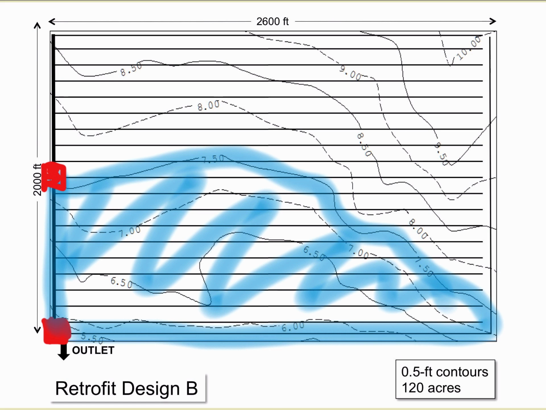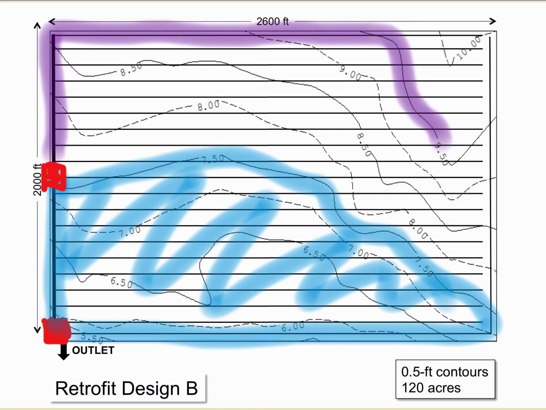And then that zone would go from 7.5 to 9.5 feet. So that would go up here, all the way over there to 9.5, down the 9.5 line.